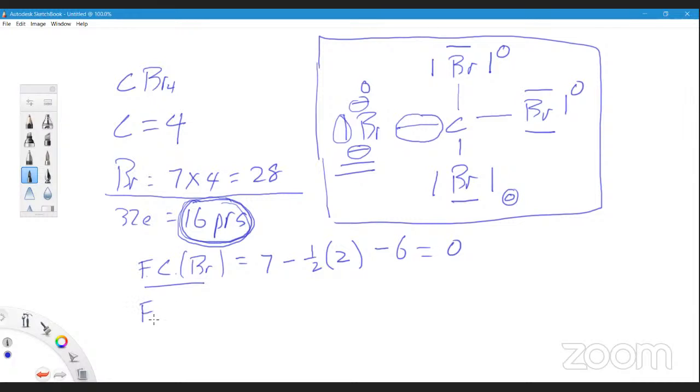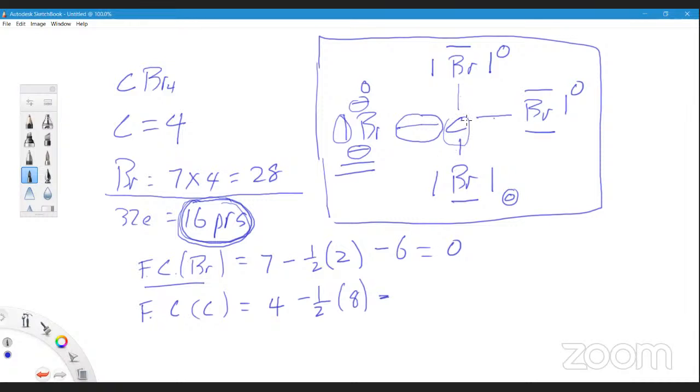And then we do the same thing for the carbon, and that will be equal to the group number, which is 4. That's this carbon right here, minus half the number of bonding electrons. So for the carbon here, you have 1, 2, 3, 4 pairs, which is 8. So half of 8 bonding electrons, minus the number of non-bonding electrons.